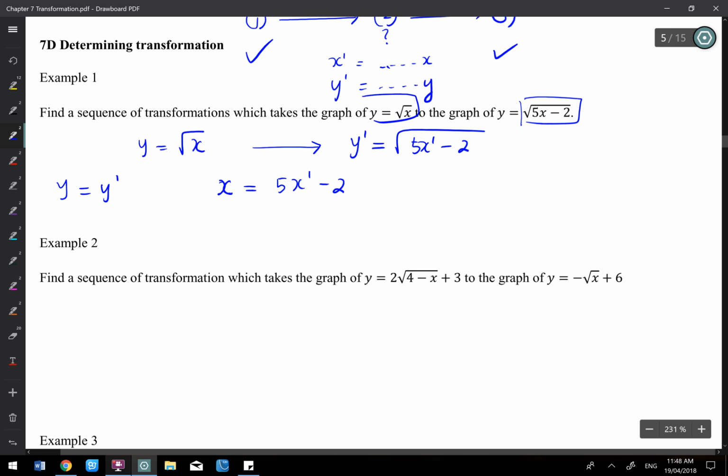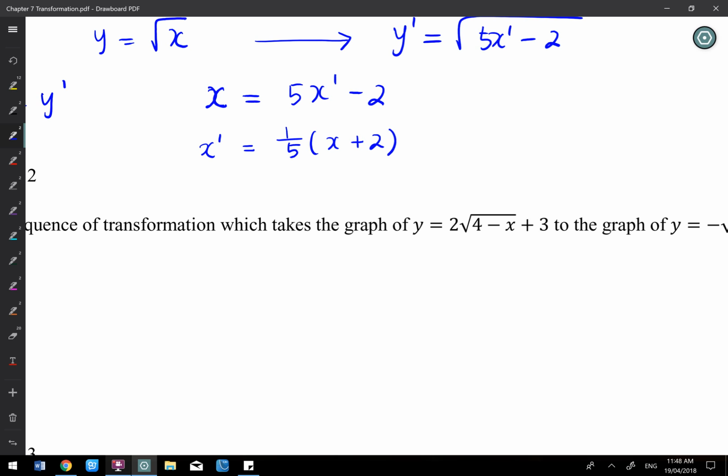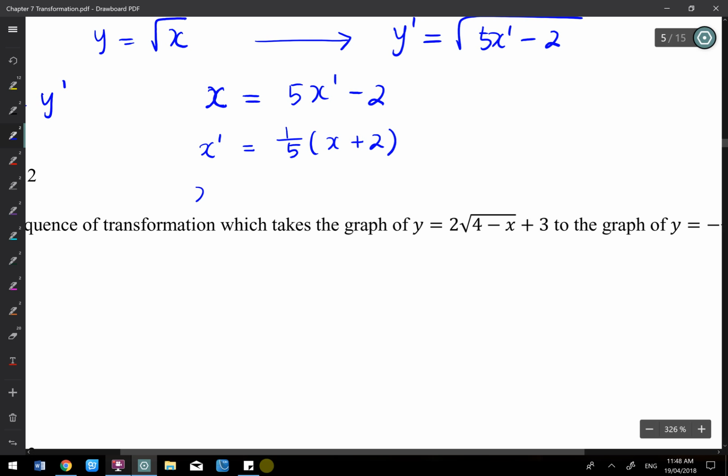This is the important part I want to talk about. x dash equals 1 on 5 times x plus 2. Can you see it? We plus the 2 and times 1 on 5. But I can expand it.